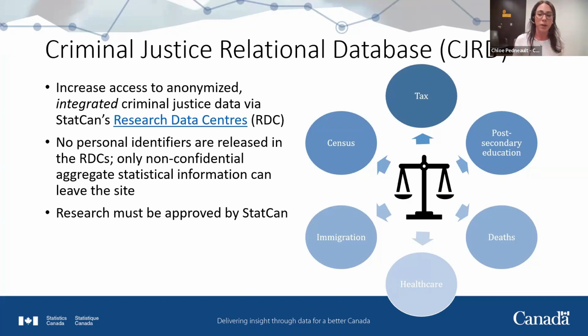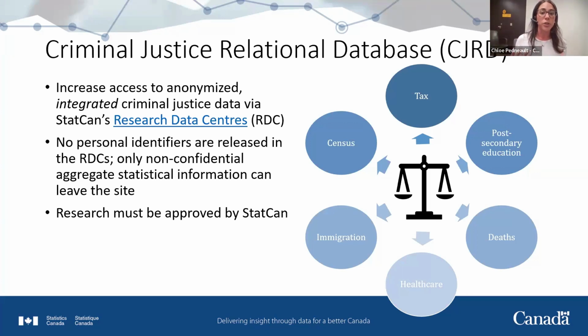Instead, we have already done all the work to link the data sets together. And in the platform, we provide an anonymous integration key that allows data sets to be merged with each other and integrated in order to create custom analytical data sets that can address specific research questions.